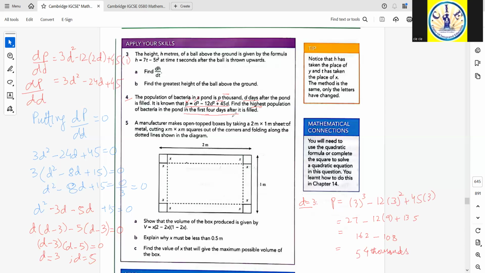That is the maximum number of bacteria, because we had to find the population for the first 4 days. That means after the third day, we calculate it for d equals 3. So that is question number 4.